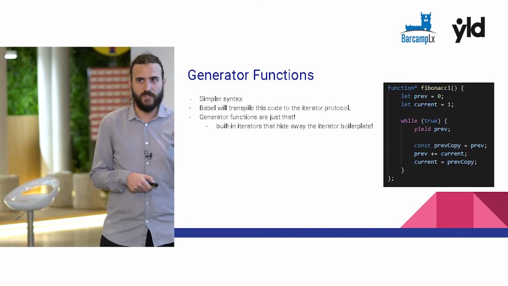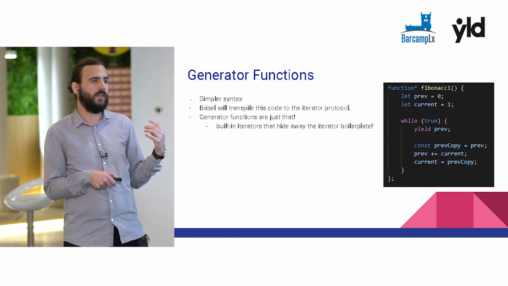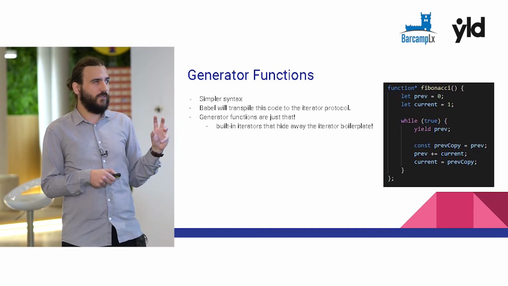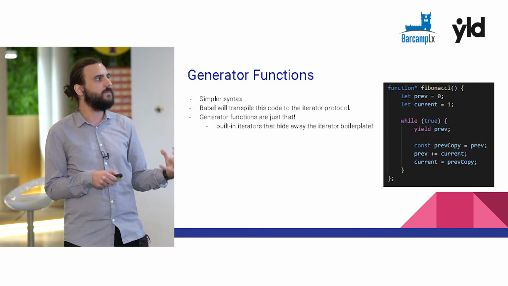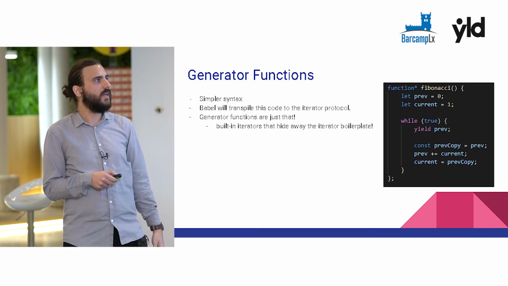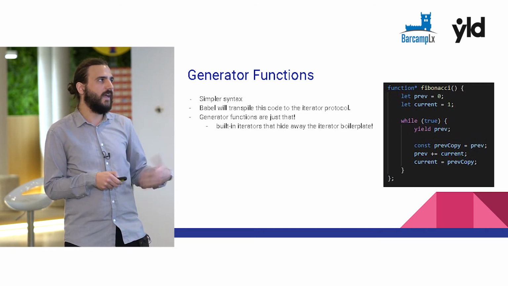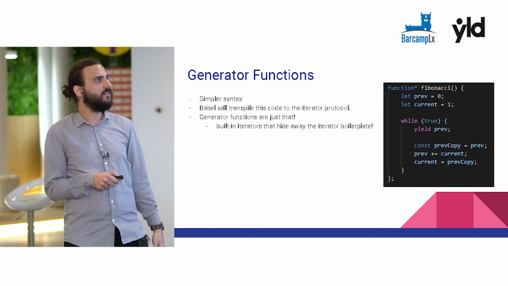Generator functions are a built-in feature in JavaScript with ES2015, I think, and this allows you to have a much simpler syntax to write the exact same code. However, as I'll show you, this transpiles really poorly. You use the yield keyword to return the current value.